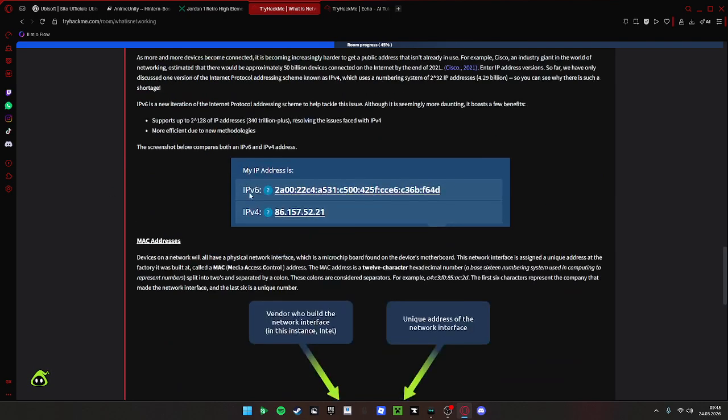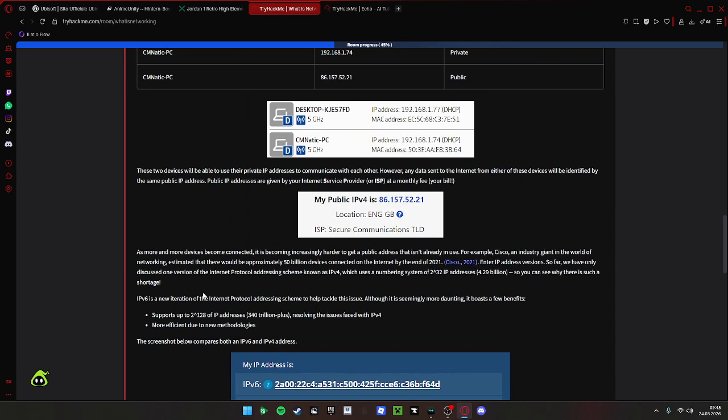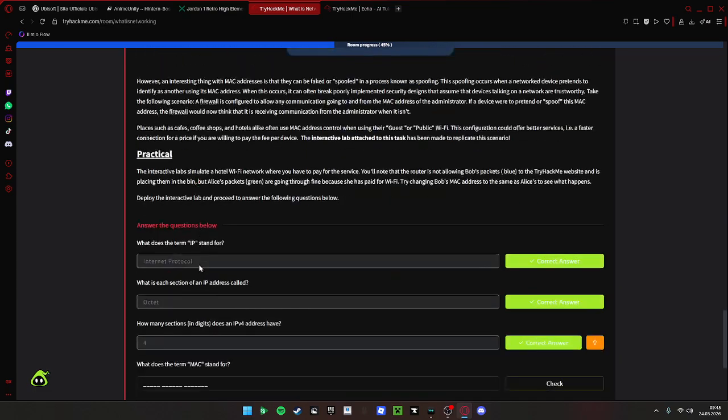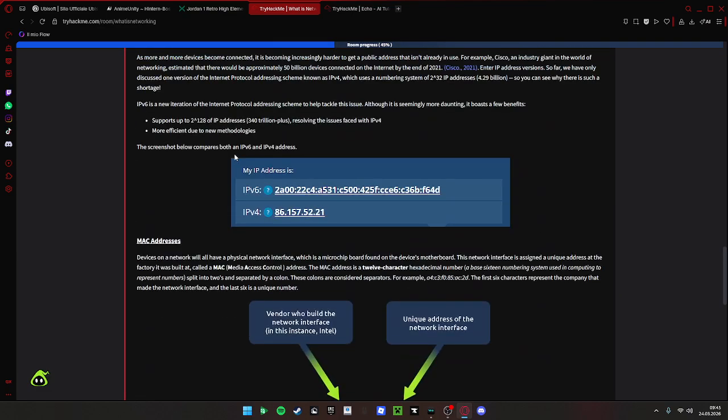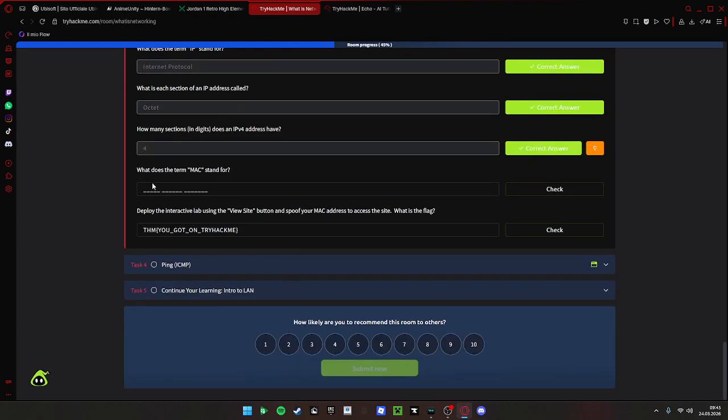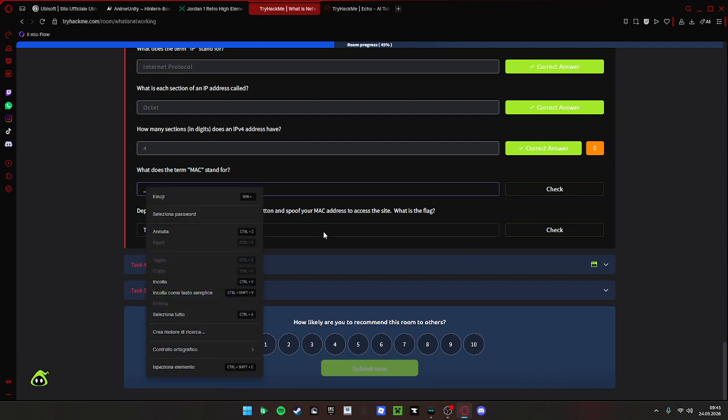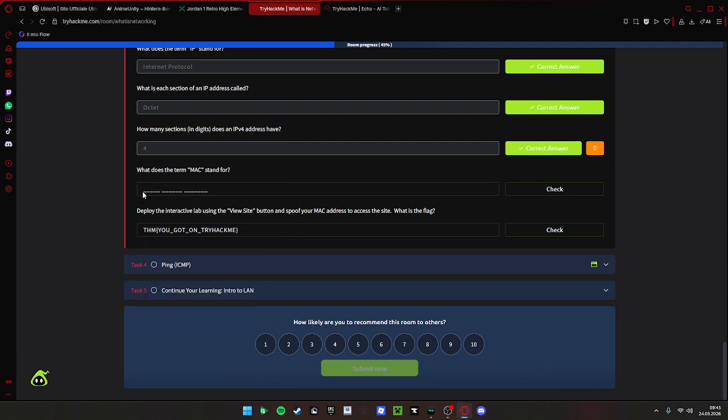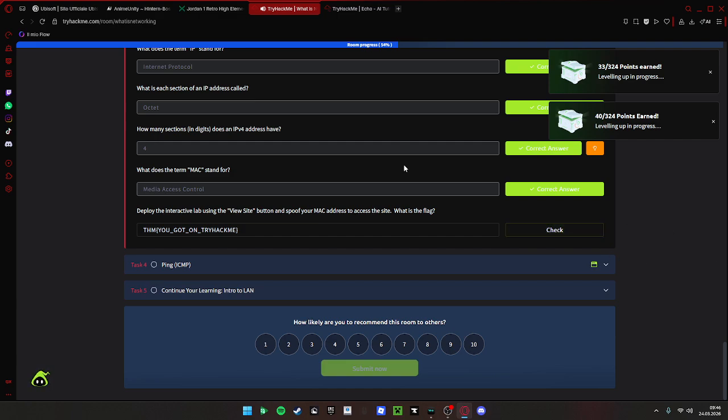Okay, what does the term MAC stand for? Media Access Control, check. That's right.